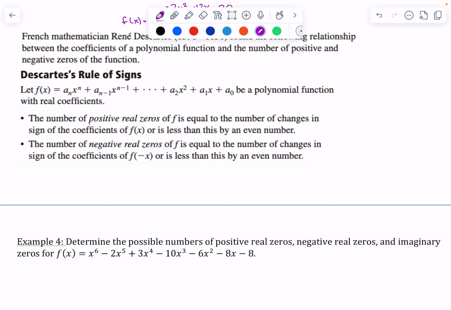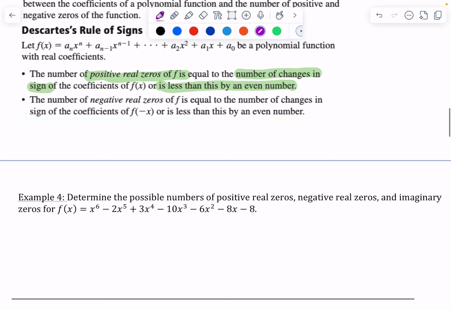To find the number of positive real zeros, all you want to do is look at the number of changes in the signs of each term, or this number subtracted by 2. Okay, what does that mean? Let's just look at this example down here.